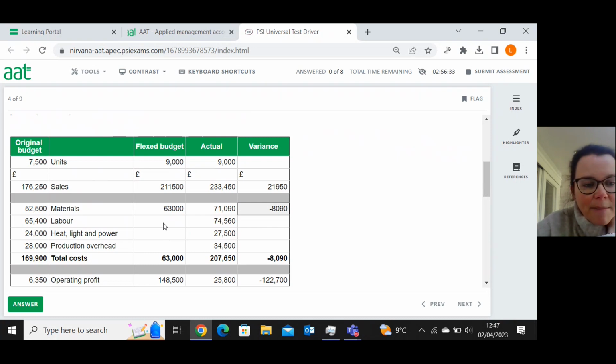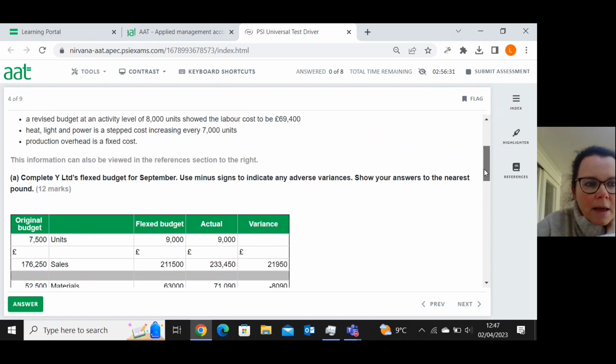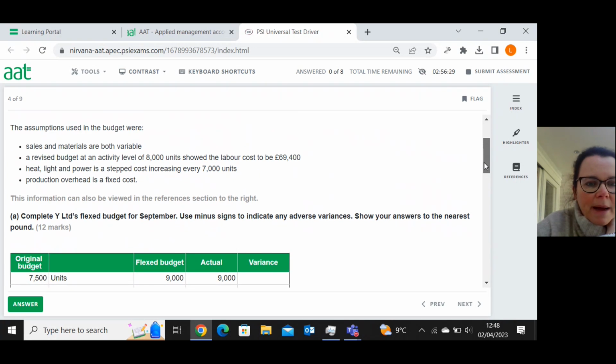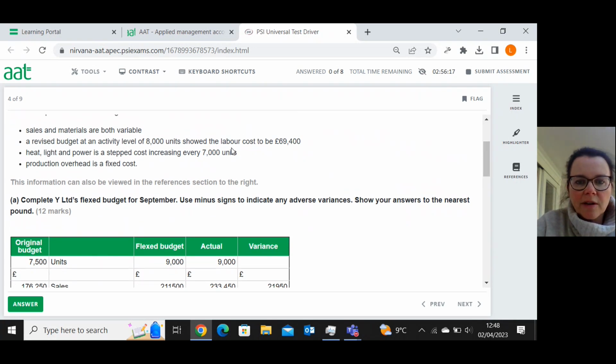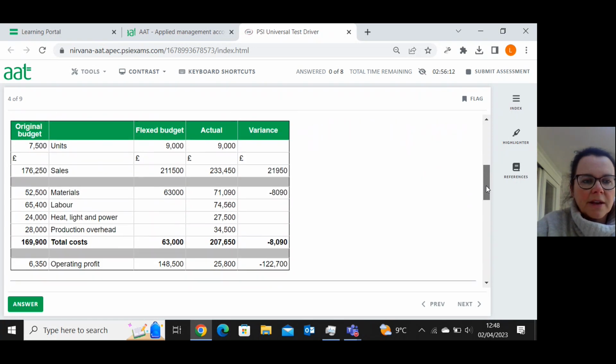And then labour, what do we know about labour? So this is the one where it looks as if we've got to do the high-low method. So comparing 8,000 units at a total cost of 69,400 with the original budget, 7,500 with a cost of 65,400.